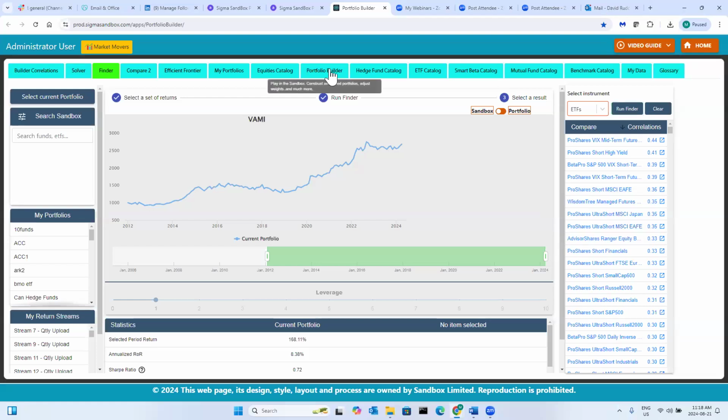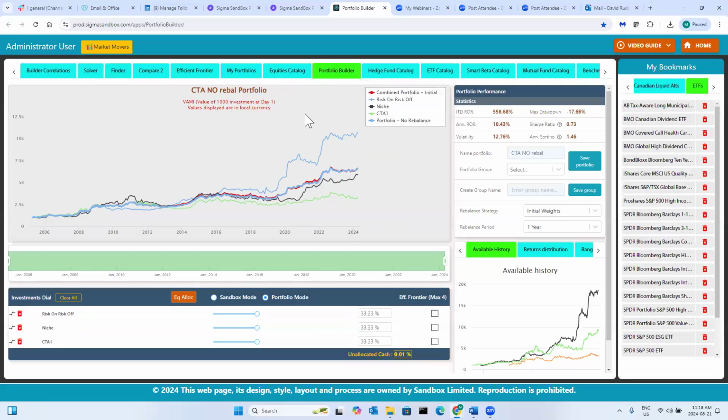Okay. I mean, CTAs, it's important to understand. I'll make some general comments that I'm sure people will disagree with. CTAs generally suffer during periods of compressed volatility across financial markets and commodity markets. They struggle.